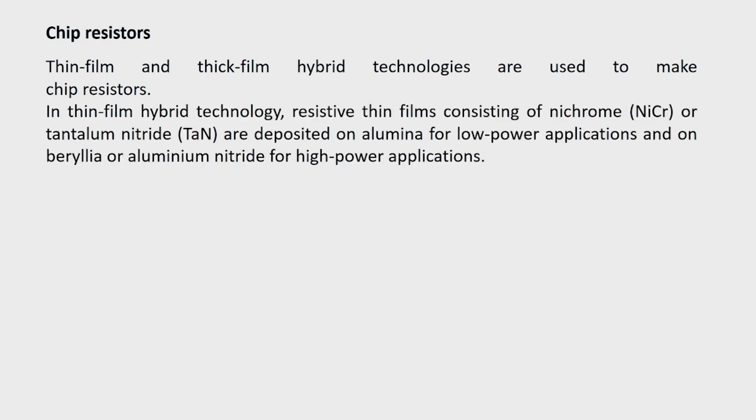In thin film hybrid technology, resistive thin films consisting of nichrome or tantalum nitride are deposited on alumina substrate for low power applications and on beryllia or aluminum nitride for high power applications.